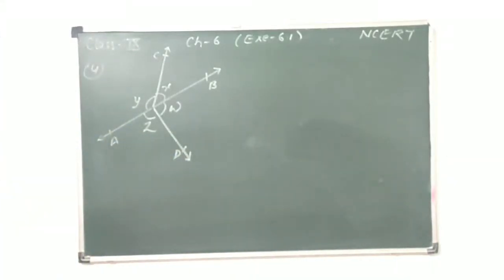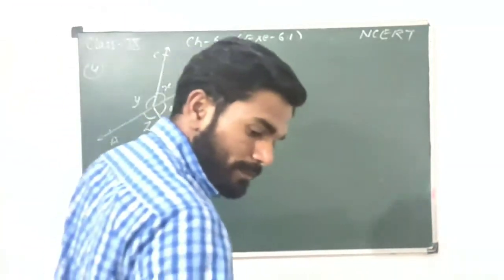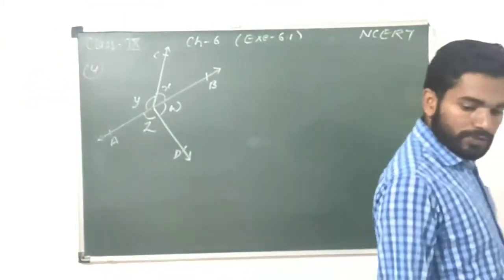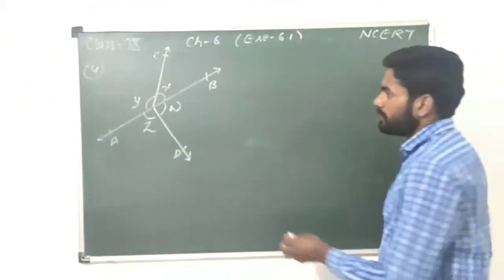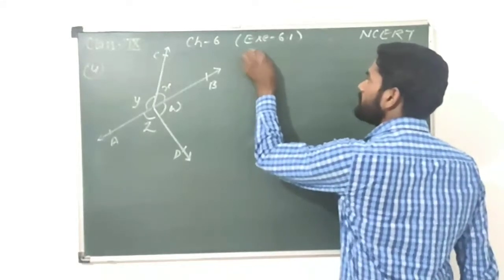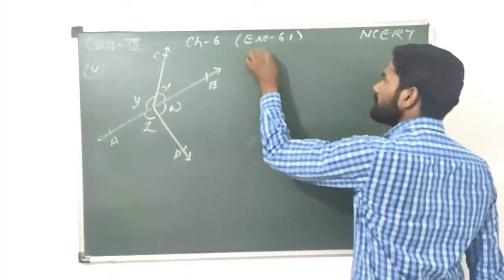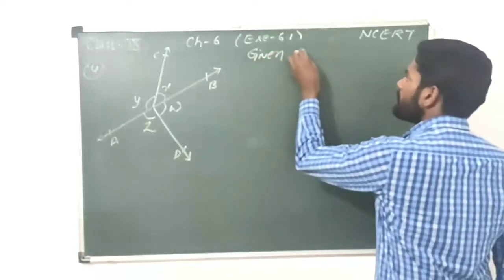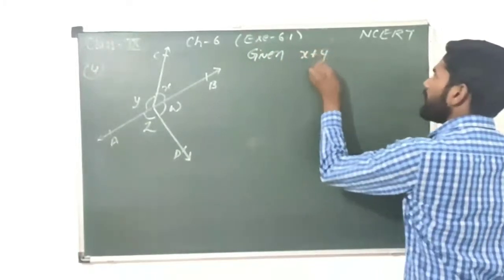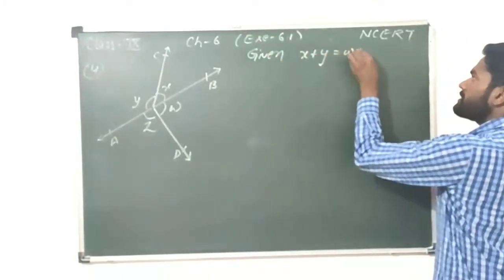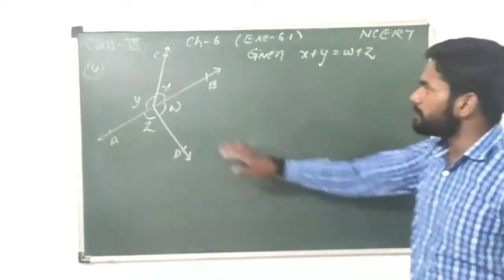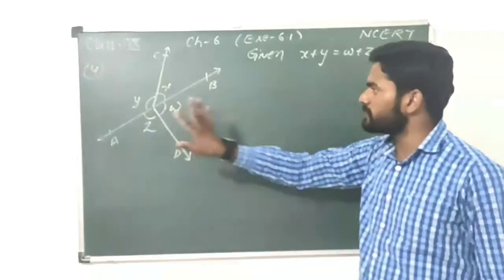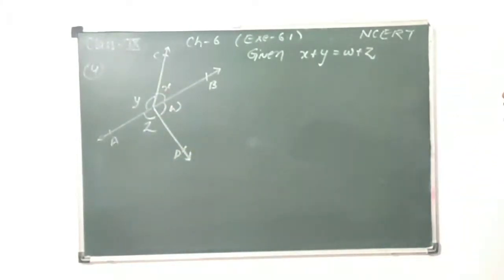Now one thing is given: x plus y is equal to w plus z. Means the sum of these both angles is equal to the sum of these both angles.